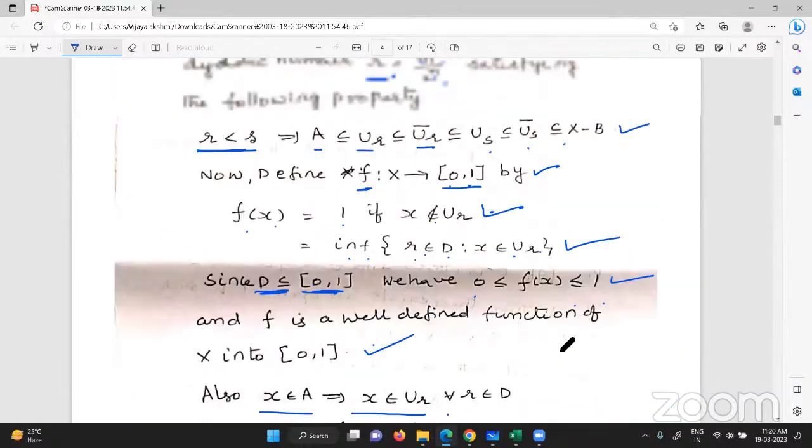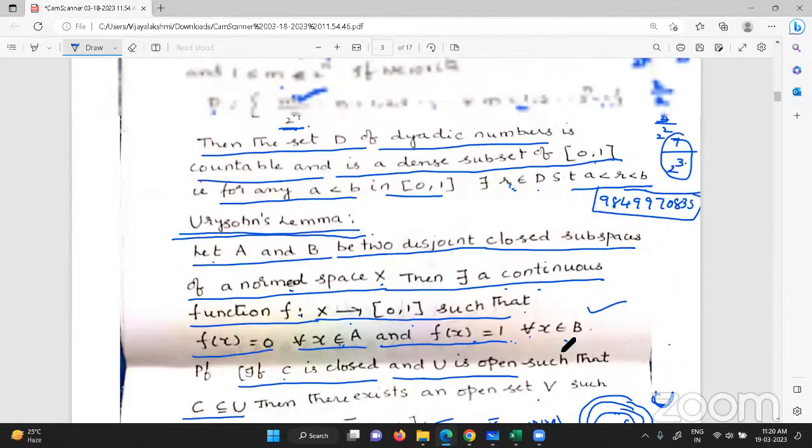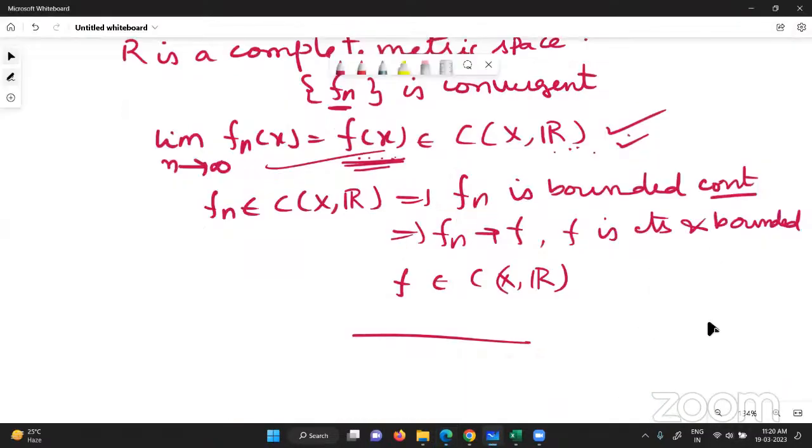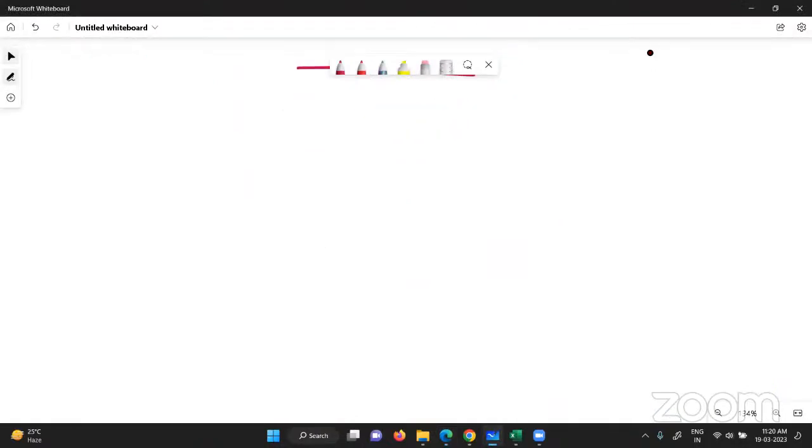I proved it in 3 steps separately. First of all, what is Urysohn's lemma? So before proving Urysohn's lemma, I want to prove this. One theorem is there, one result in the form of a theorem.